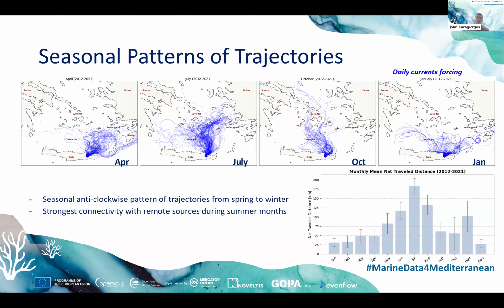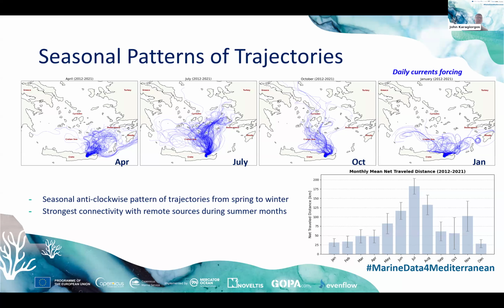Moving from spring to winter, the trajectories shift in an anti-clockwise sense around the release region, reflecting the seasonal circulation in the Aegean.